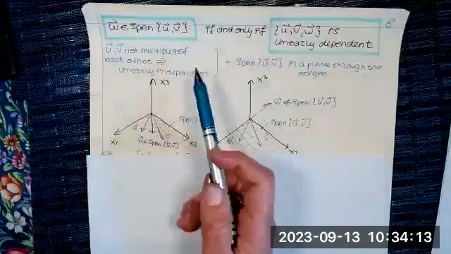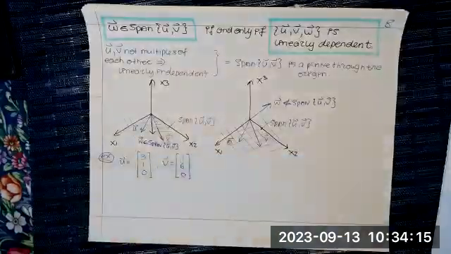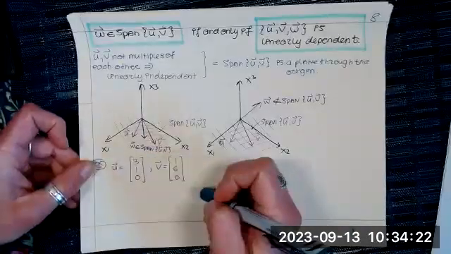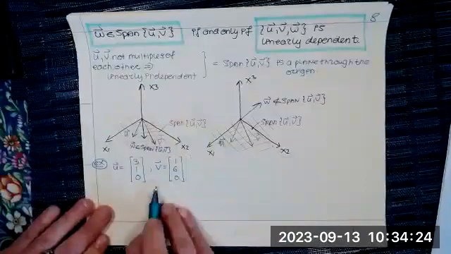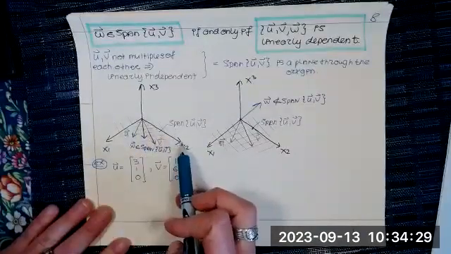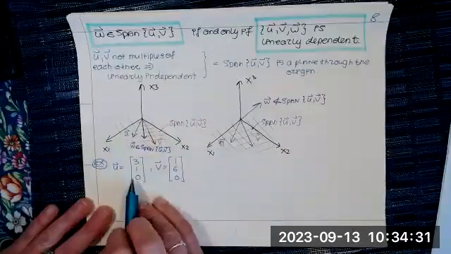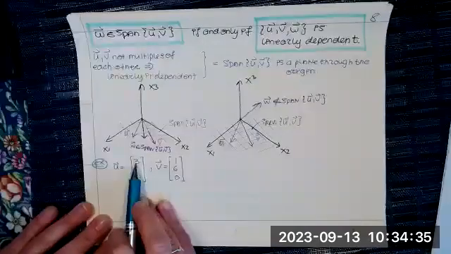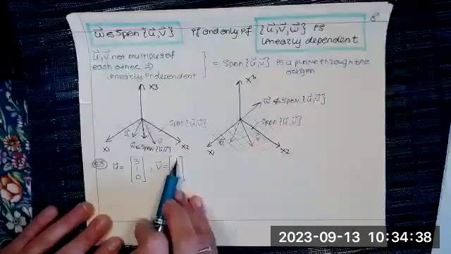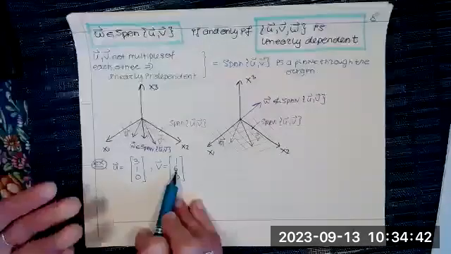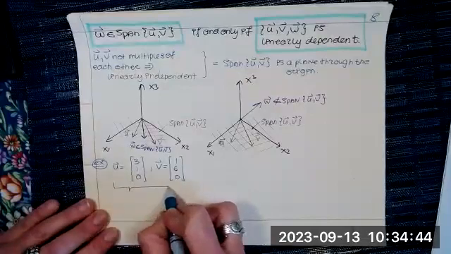Looking at this geometrically, for simplicity, I'm going to take two vectors in R3, but with 0 last component, so we can visualize it on the x1, x2 plane. Those two vectors are not multiples of one another, because I'll have to multiply v by 3 to get one, and here I would have to divide v by 6. So those two are not multiples.